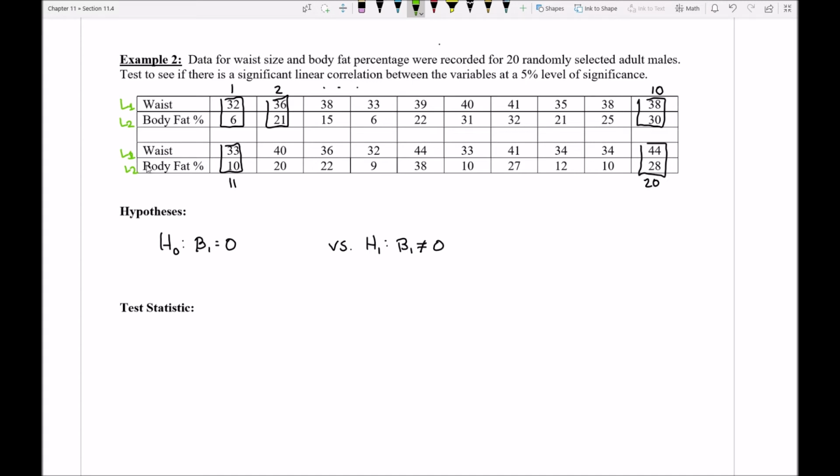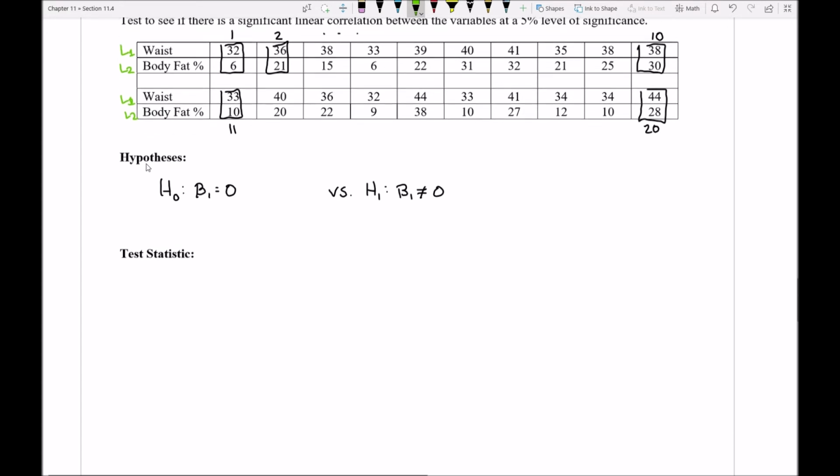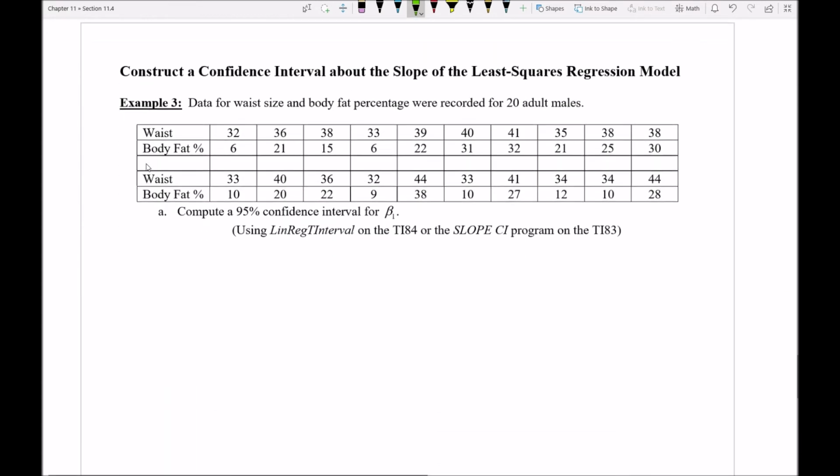Now, before we end this video, I'm going to make a couple quick comments about the next problem. We're not going to do this question here, and I'll explain why. This question was originally here to help us understand how we could build a confidence interval for the slope of one of these population lines of best fit. So what we're going to see is that this question is going to be removed from this section for our semester.